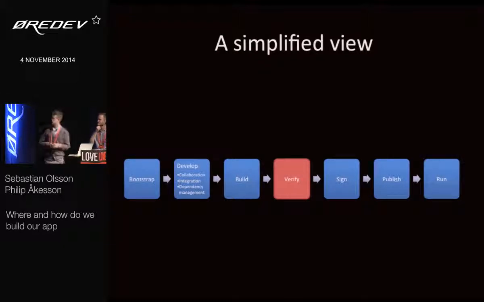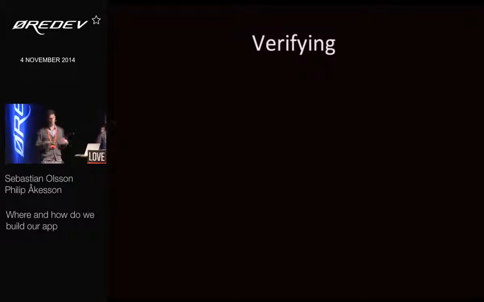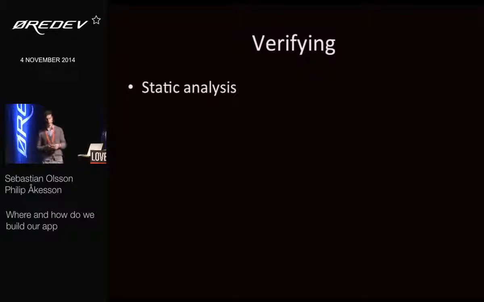Okay, moving on to the next step. This can probably be run in parallel to the build step, really. The verification step. You want to verify the output you get from both your build step and what you produce as developers, your source code. You want to run maybe static analysis on this, both on source code and the build output on your binaries, if possible.